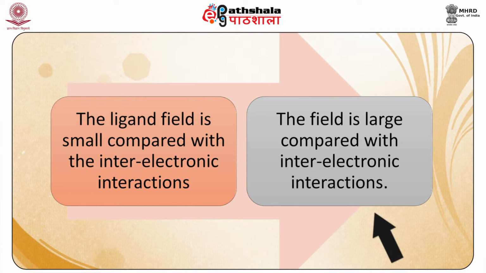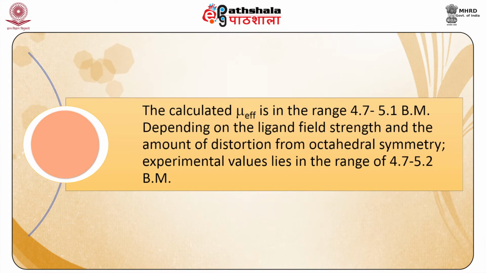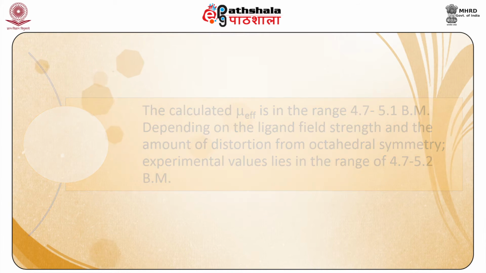Second, the field is large compared with interelectronic interactions. The calculated mu effective is in the range 4.7 to 5.1 Bohr magneton. Values found experimentally fall in the range 4.7 to 5.2 Bohr magneton, depending on the ligand field strength and the amount of distortion from octahedral symmetry.